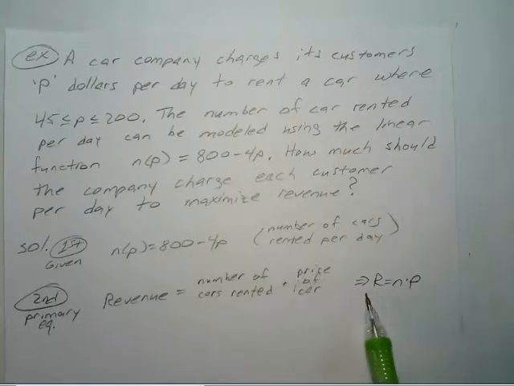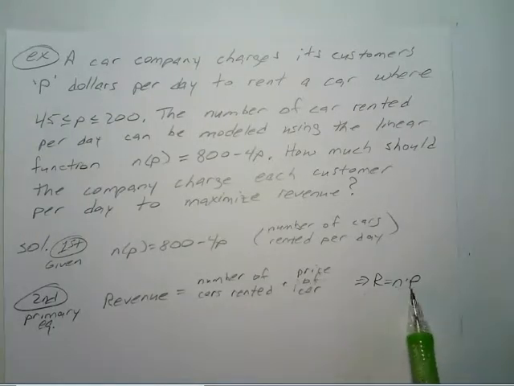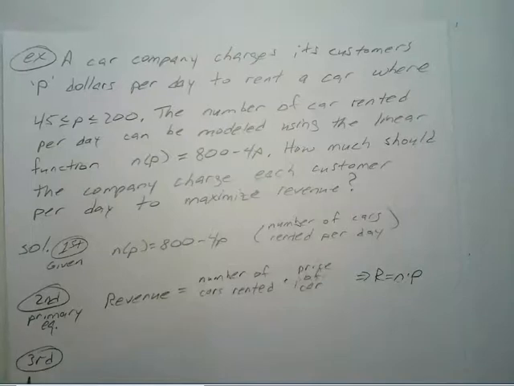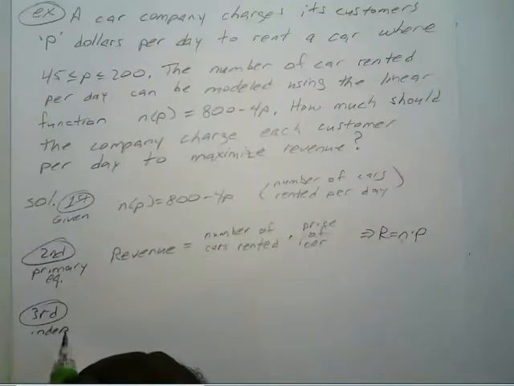Okay, so we have two variables, but of course, just like before, we don't need two independent variables. We just need one. So we need our independent variable, just one.